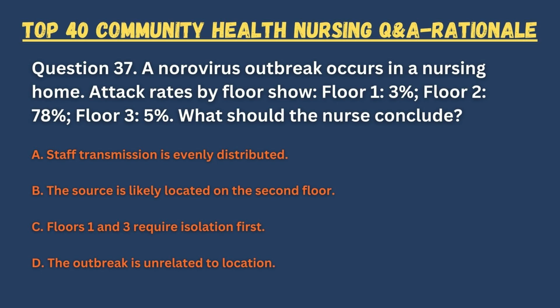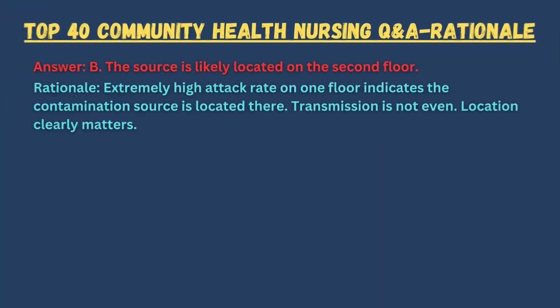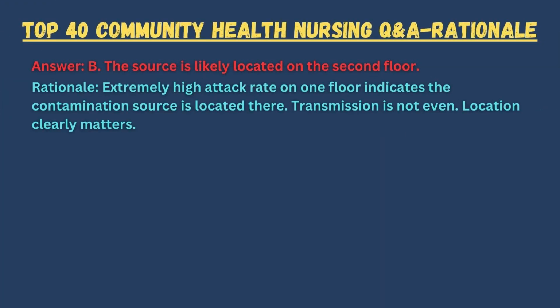C. Floors 1 and 3 require isolation first. D. The outbreak is unrelated to location. Answer: B. The source is likely located on the second floor. Rationale: An extremely high attack rate on one floor indicates the contamination source is located there. Transmission is not even. Location clearly matters.